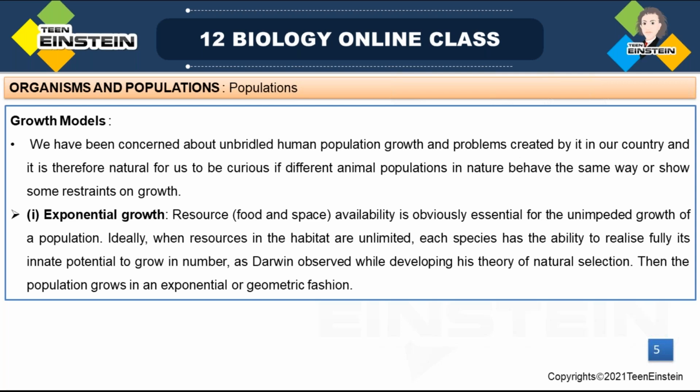That helps in the growth and reproduction of that organism, showing maximum potential to grow and reproduce. So that shows the growth of that population, and that natural increase is called biotic potential.